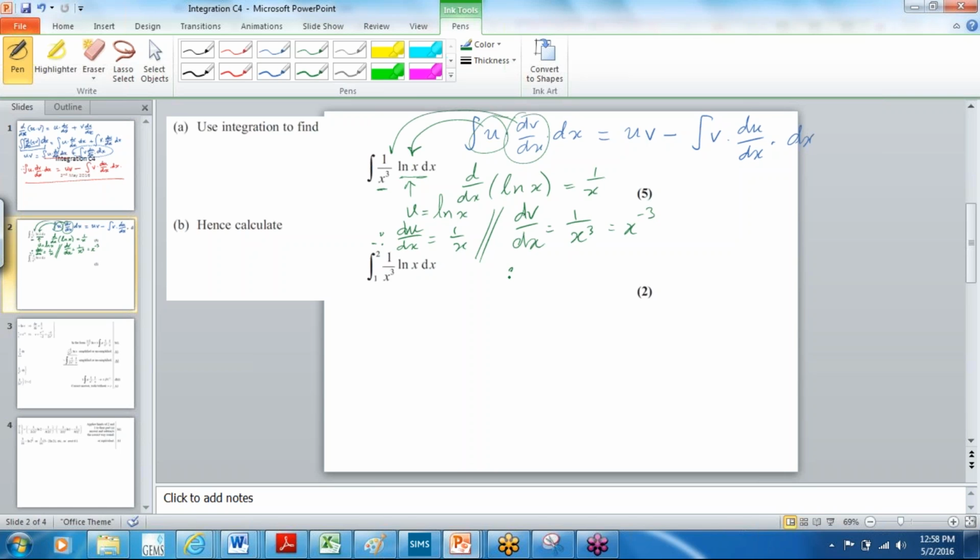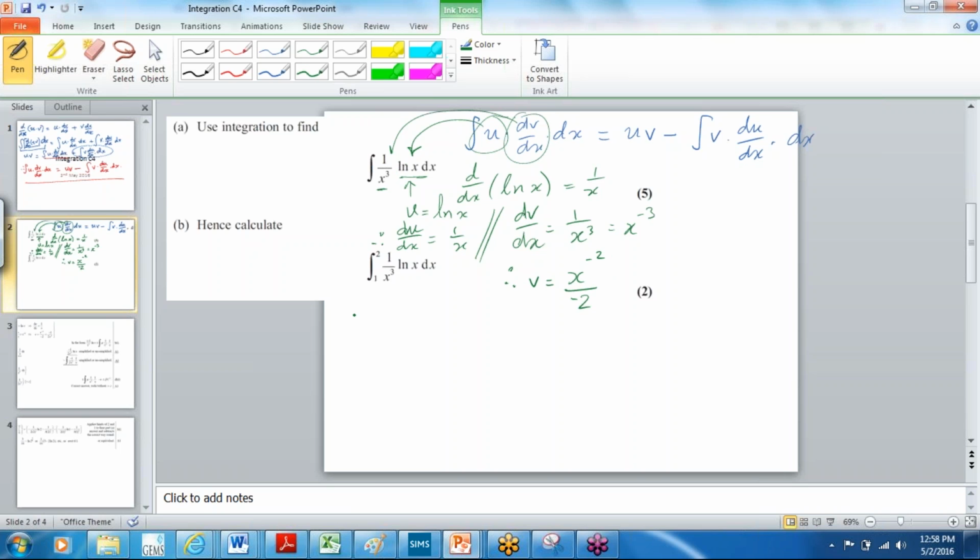If we integrate this, v will be the integral of x to the negative 3: raise the power by 1 and divide by the new power, plus c. We integrate that, and that is what v equals, because the constant will cancel here.